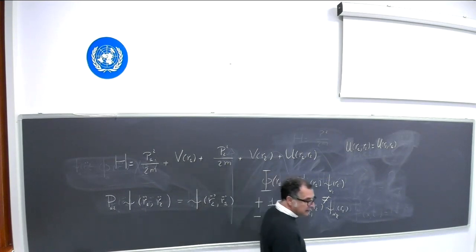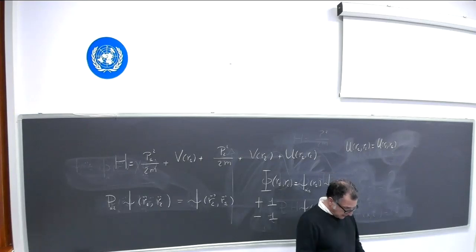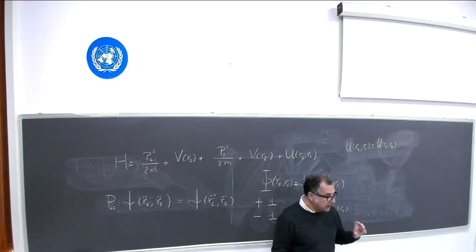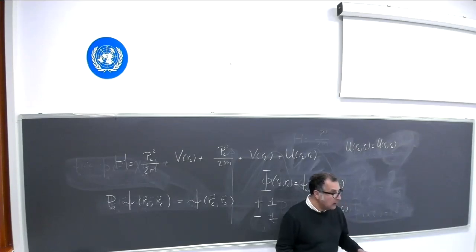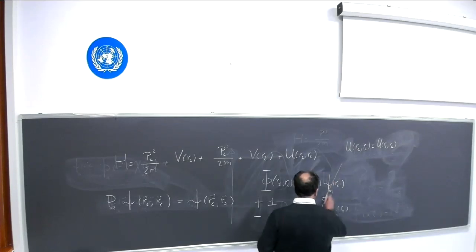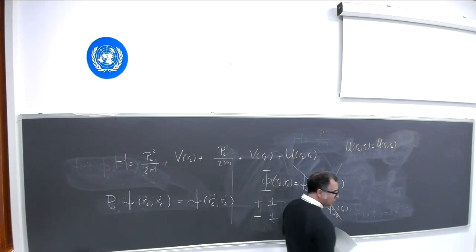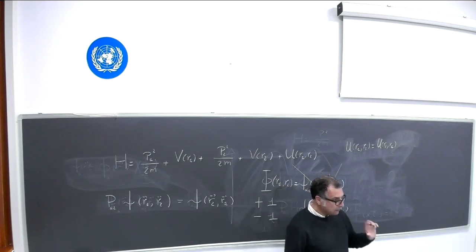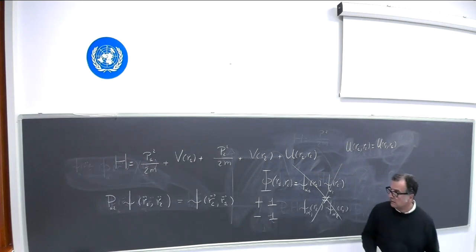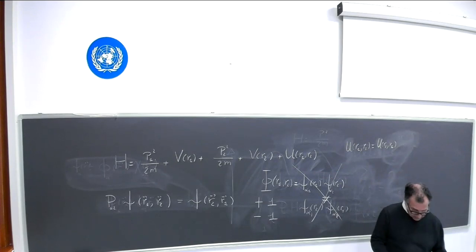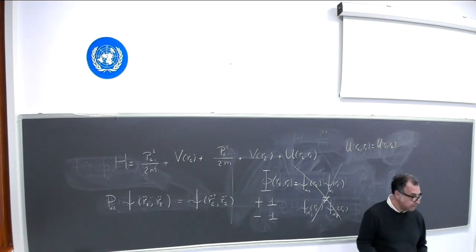So the wave function should be symmetric or antisymmetric under exchange of particles. This is not a good solution. The only possible solutions are those for which the wave function is either symmetric or antisymmetric.